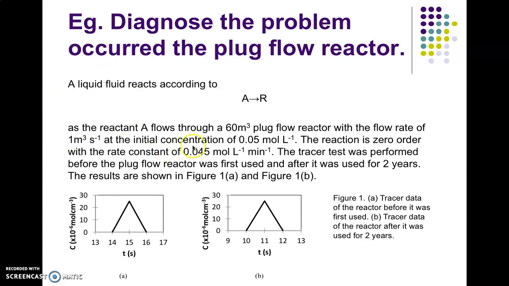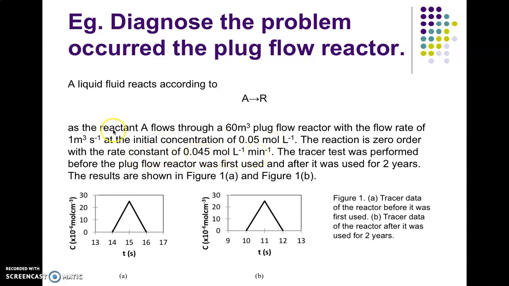So let's say this question is given to you. A PFR of 60 meter cube, this is the volume, and 0.05 mole per liter, this is your concentration, and a reaction rate of 0.045.